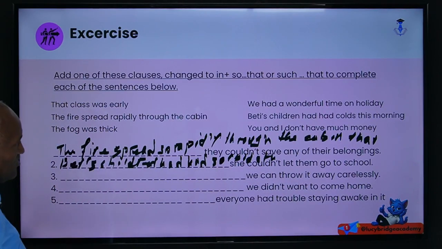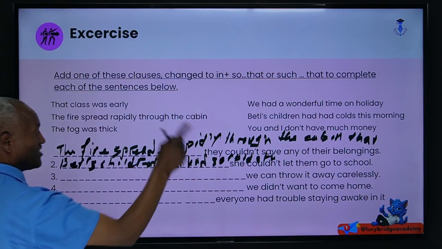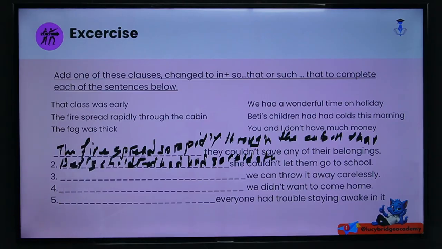The rest I leave for you, and then you can do it. But don't forget to use "such that" or "so that". This is what I need to tell you.